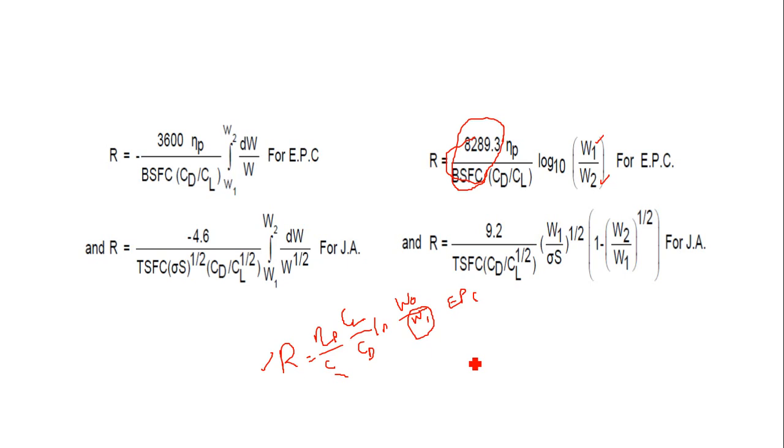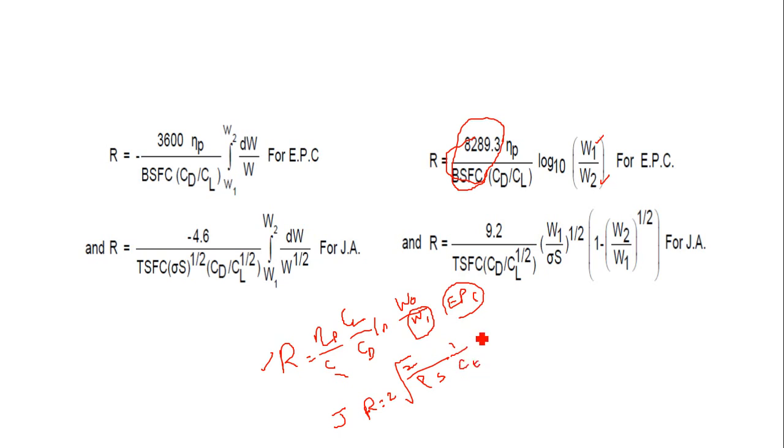And one more formula for jet powered airplanes. This is for propeller airplane. For jet airplanes, R is equal to 2 square root of 2 divided by rho S, 1 by CT.